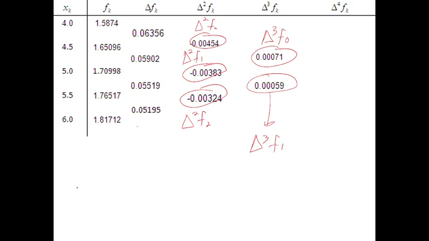So, ano yung delta cube f sub 1? That is delta squared f sub 2 minus delta squared f sub 1. So, that's why dito, negative 0.00324 minus negative 0.00383, we'll get 0.00059. So yun, no?